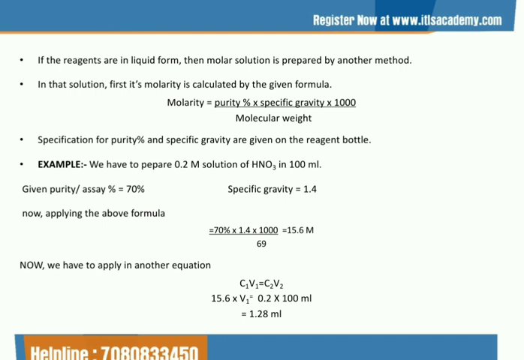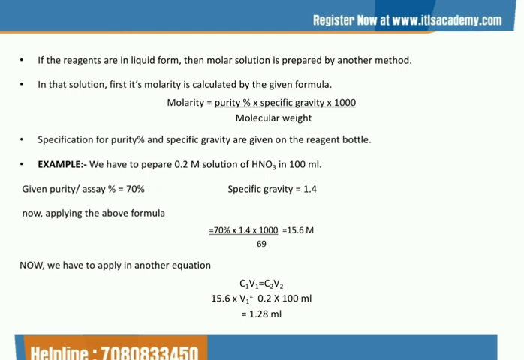Applying the above formula, purity percent times specific gravity times 1000, divided by molecular weight: 70% multiplied by 1.4 multiplied by 1000, divided by 69. 69 is the formula weight, or molecular weight, of HNO3. Our value will be 15.6 molar.